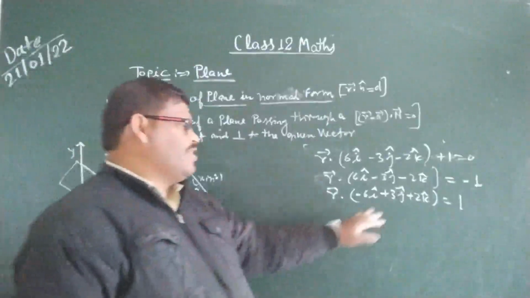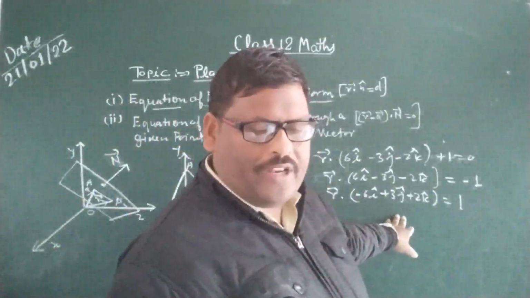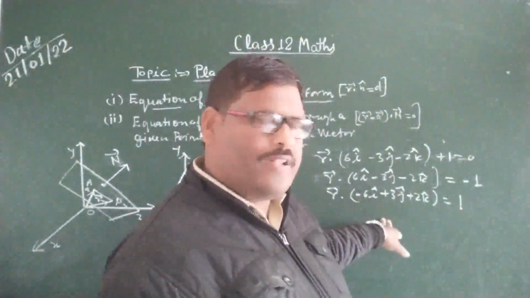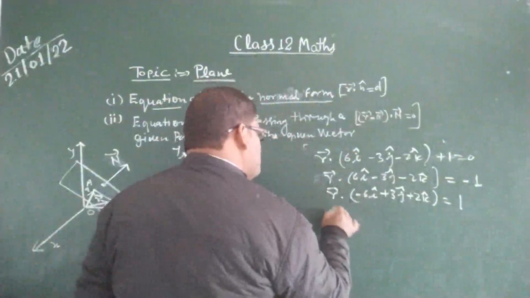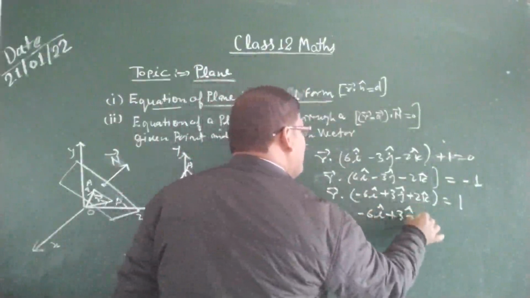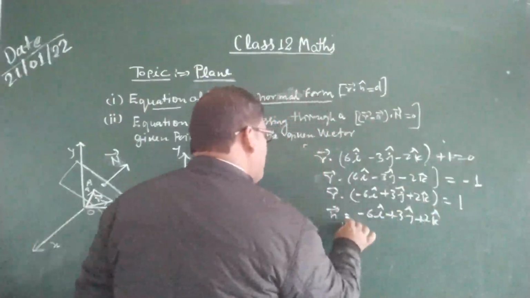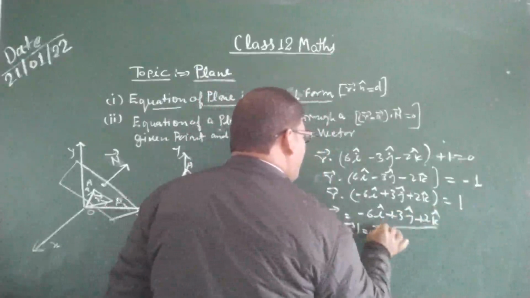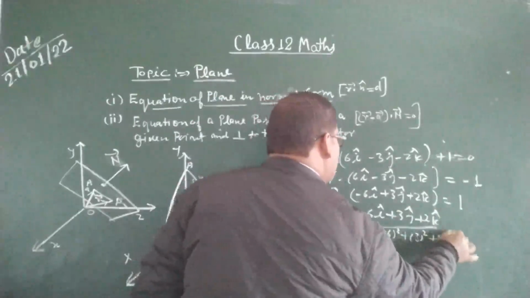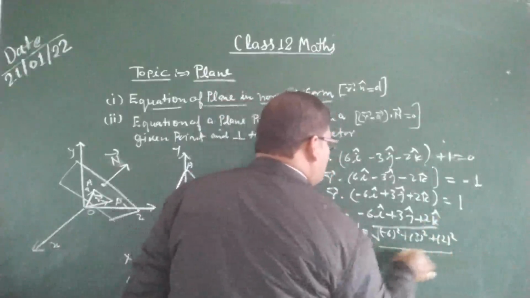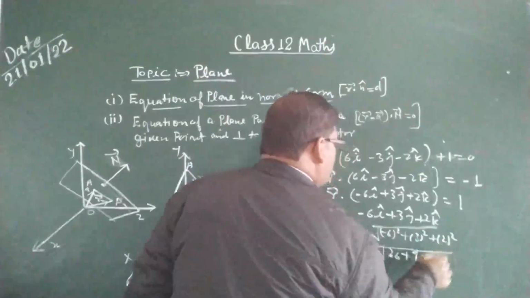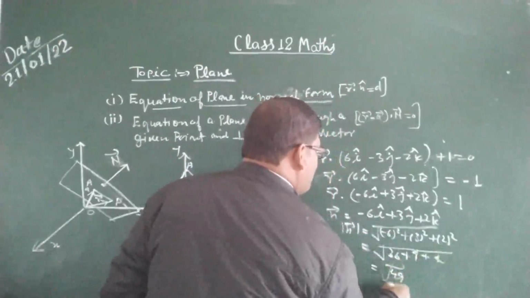Now, that is the vector n. First of all, we require n cap. It means the vector divided by the modulus of the vector. What is the modulus of the vector? Vector n is equal to minus 6i cap plus 3j cap plus 2k cap. This implies mod of vector n is obtained by under root of minus 6 square plus 3 square plus 2 square, which is under root of 36 plus 9 plus 4, that is under root 49, which is equal to 7.